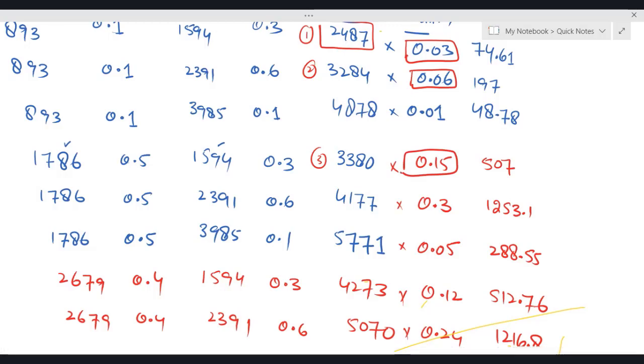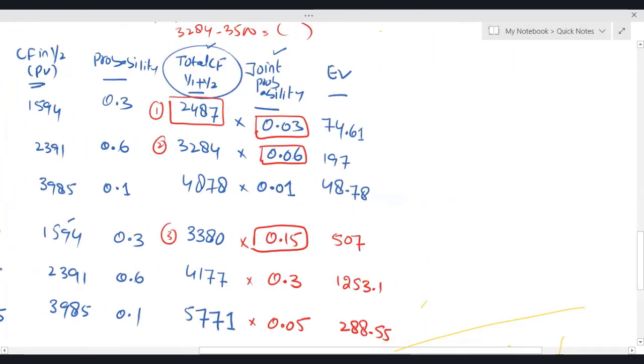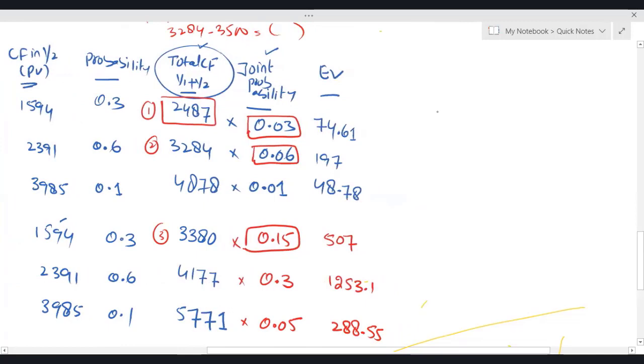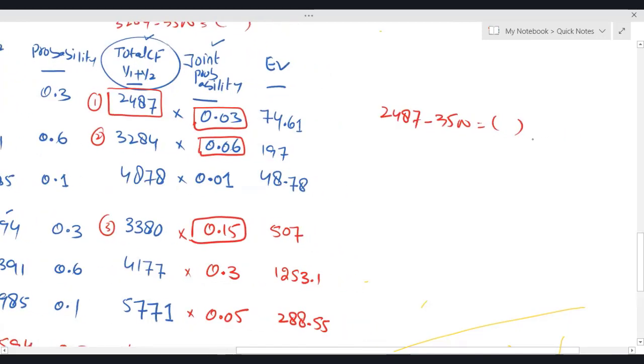If you add 0.15, it becomes 0.24, which means 24% probability. So 2487 minus 3500 results in negative NPV. This is the one event. Second is 3284.